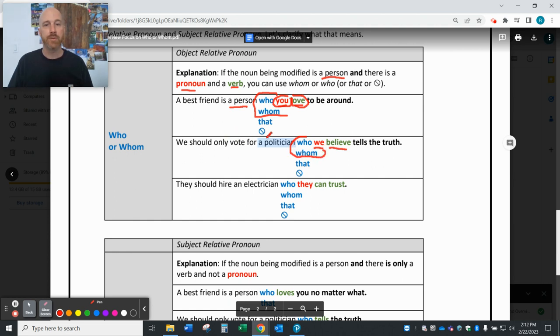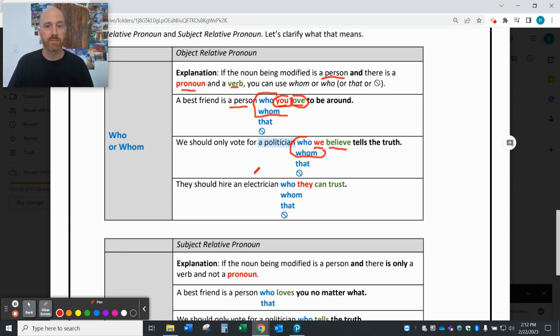We should only vote for a politician whom we believe tells the truth. Again, you can use that or leave out the relative pronoun altogether. One last example. They should hire an electrician. What kind of electrician? Who they can trust. Here's my pronoun. Here's my modal verb and verb. And so again, you can use who or whom depending on whether you're trying to be formal or informal.